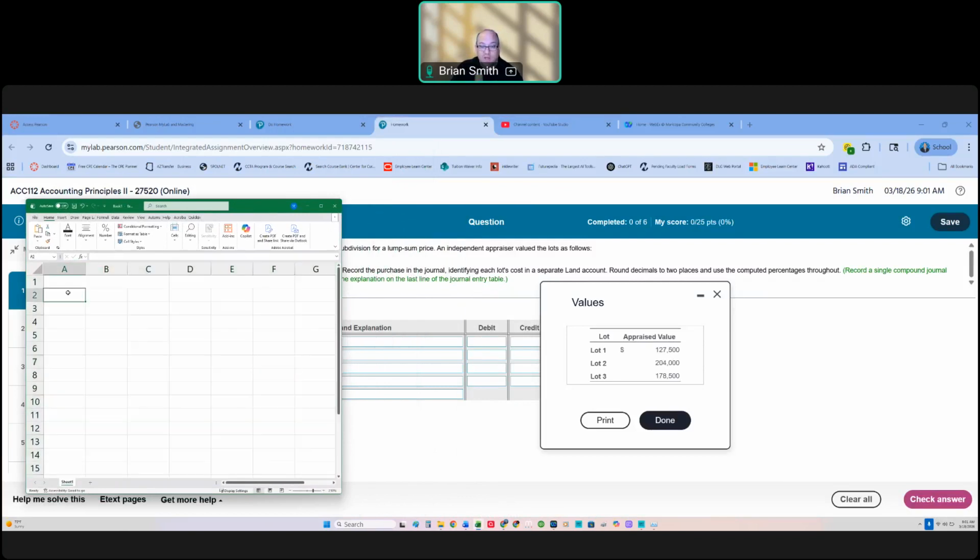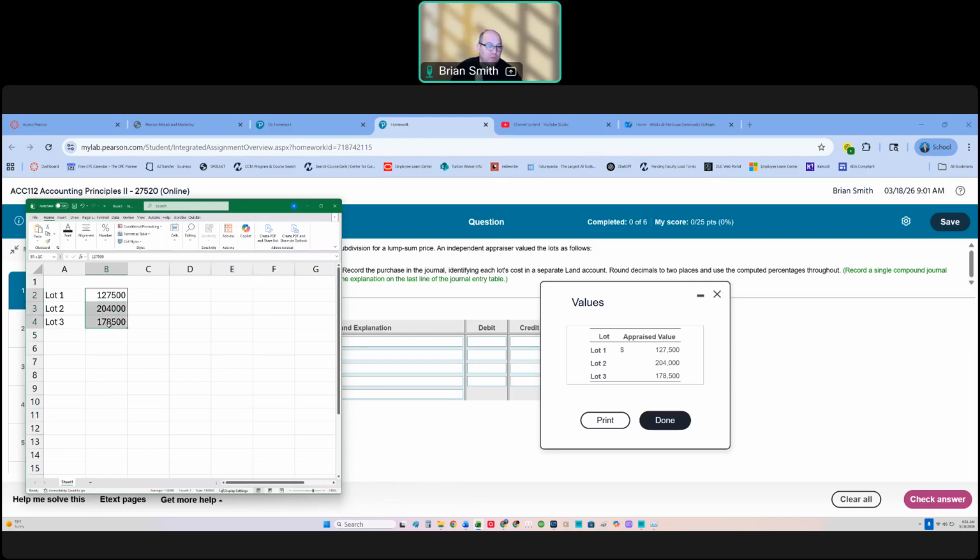We have 3 lots, so I'm going to type in here lot 1, lot 2, and lot 3. The appraised value for lot 1 was 127,500. Lot 2 was 204,000, and lot 3 was 178,500.